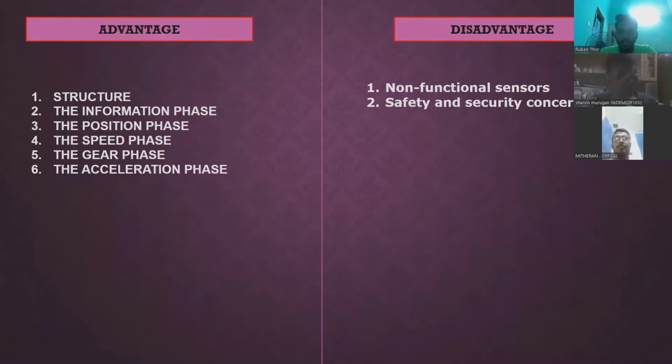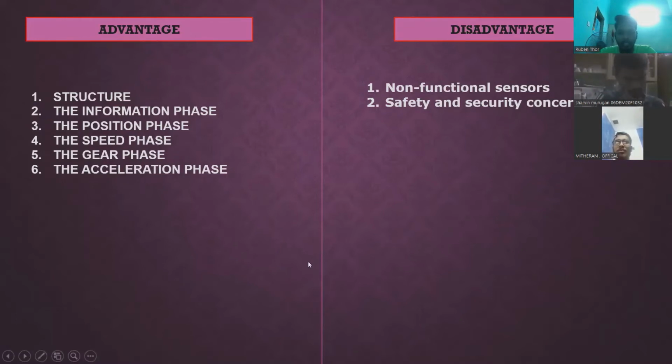They comprise five main elements, essential but often overlooked by most of us. For effectiveness and safety, these elements are commonly known as IPSGA. Second is the information phase. The information phase requires the driver to be constantly aware of his surroundings, road condition, position of the car, and hazards of the road. Third is the position phase.